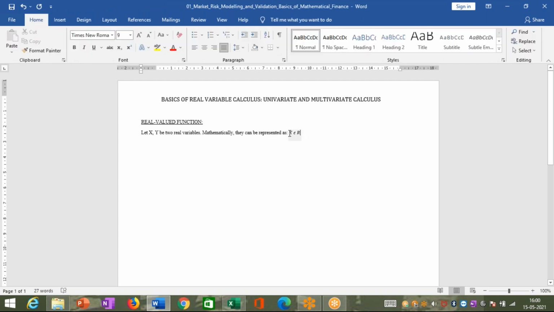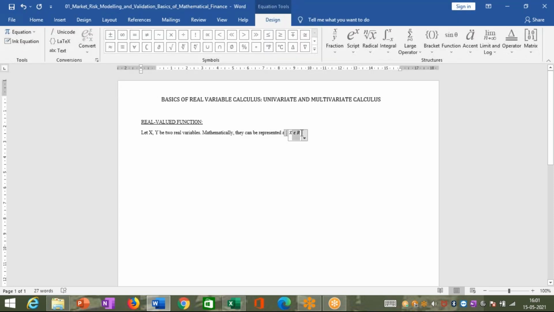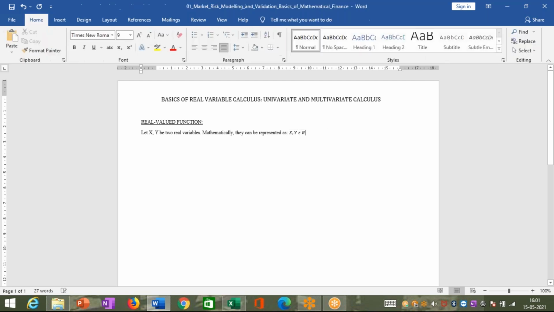When I say x belongs to R, this R is a one-dimensional real number. Or let me put it like this: x, y belongs to R, so they are all real numbers. I have two variables, x and y, where both belong to the real numbers.